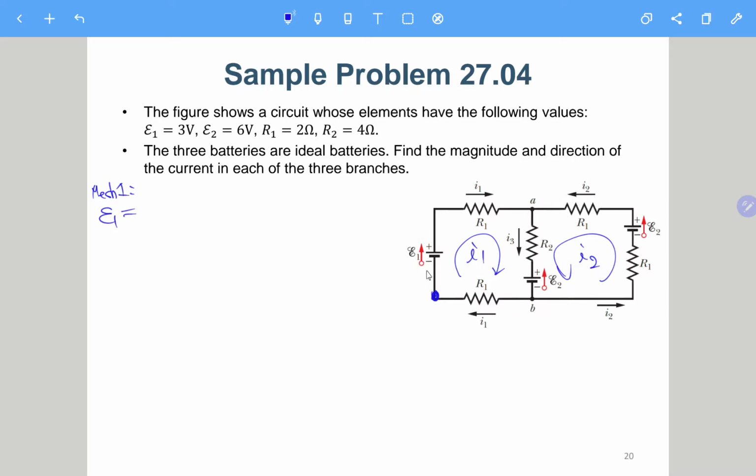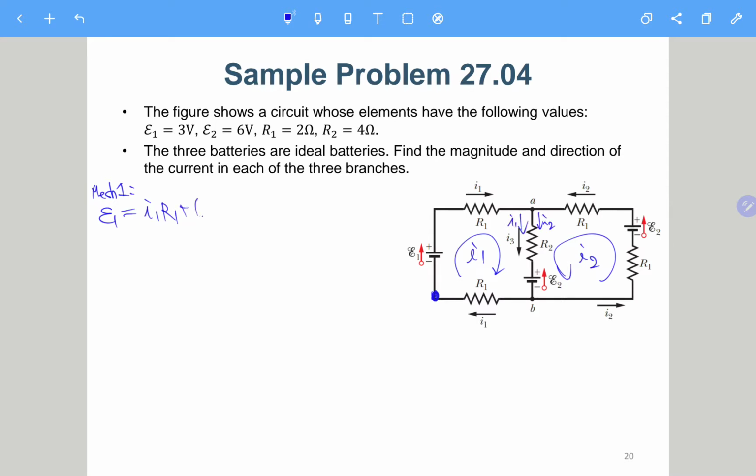So here for this R1 we have I1 R1, and then from point A to here, we have this one to be I1, this one to be I1, this one to be I2.